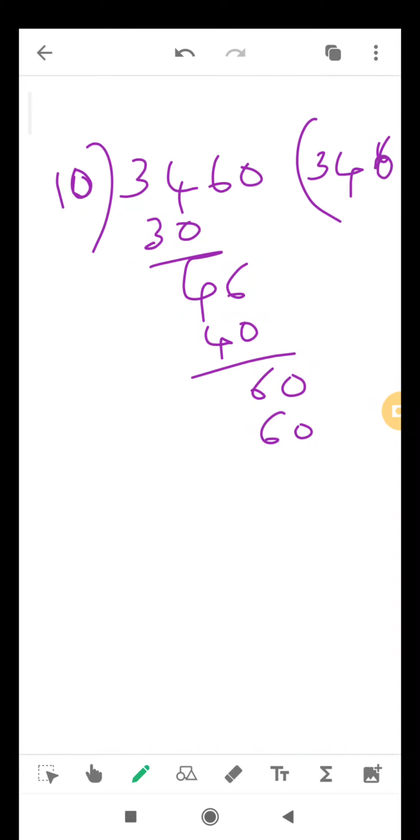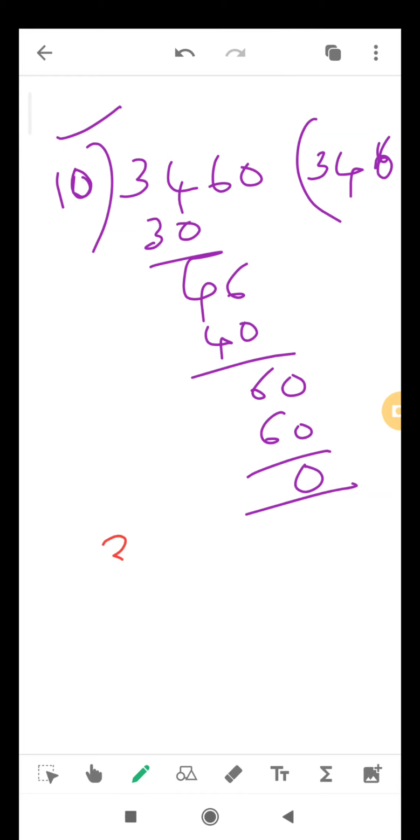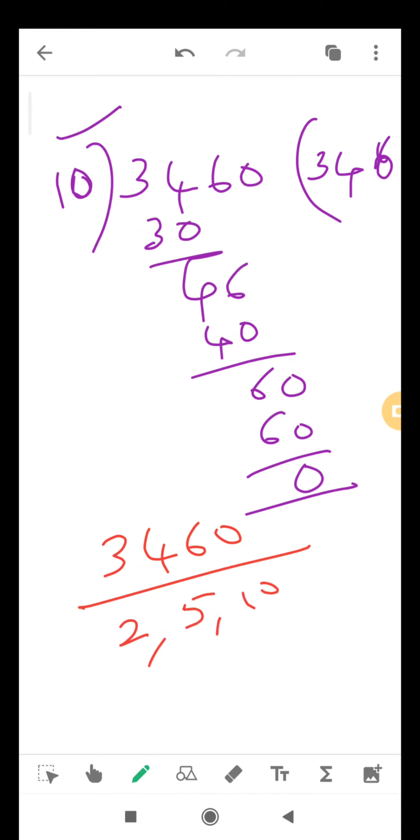Therefore it is 0. Therefore it is also divisible. Therefore what we can imply is that 3460 is divisible by 2 and 5 and 10, right?